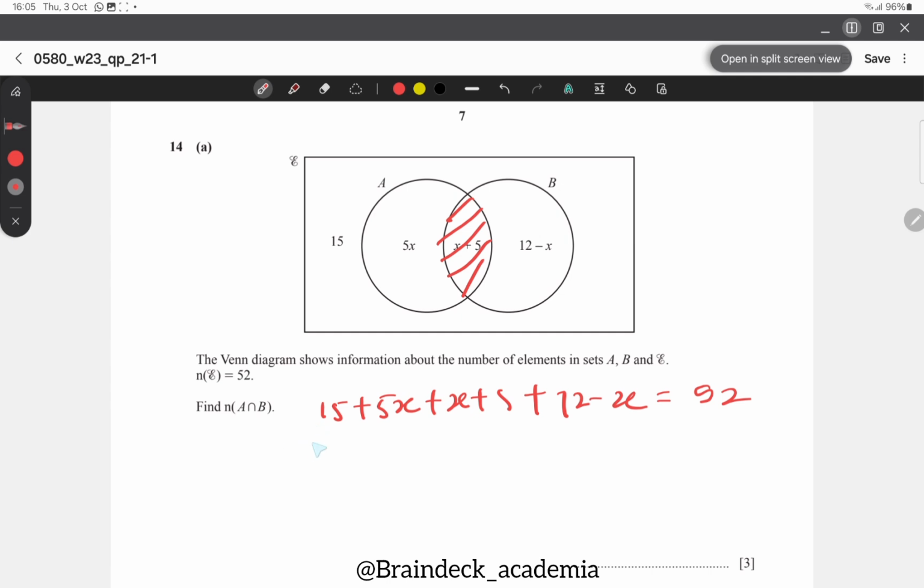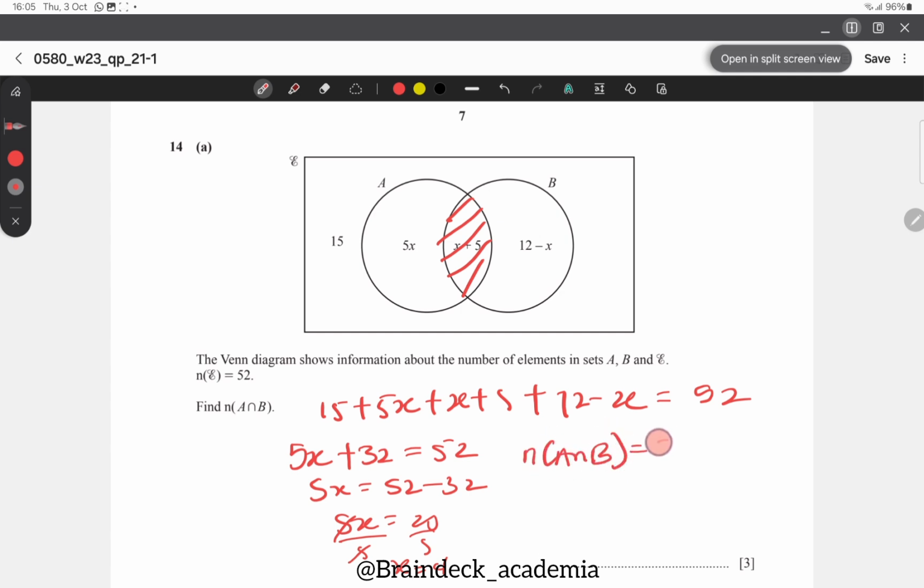So 5x plus x is 6x, 6x minus x is 5x. 15 plus 5 is 20, 20 plus 12 is 32, so 32 plus 5x equals 52. 5x equals 52 minus 32, 5x equals 20. Divide both sides by 5, x is 4. So for the number of A intersection B, it will be x plus 5, that's 4 plus 5, and our answer is 9.